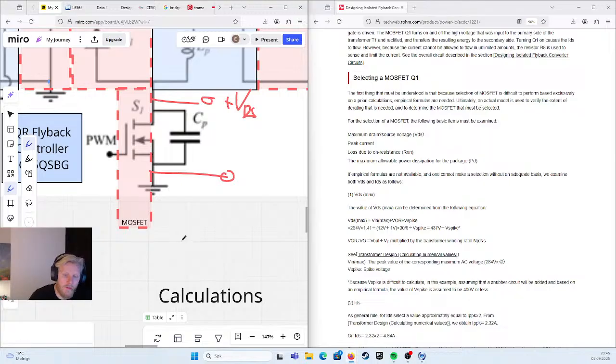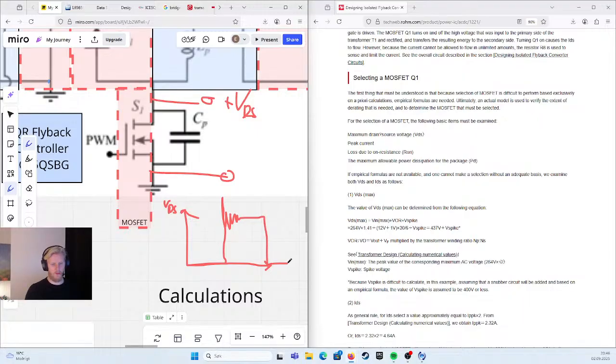So, if you're looking at VDS, when the switch is on, like when it switches on, it will be these spikes basically, right?